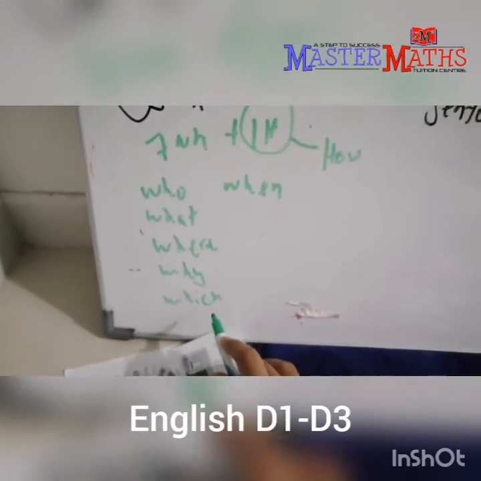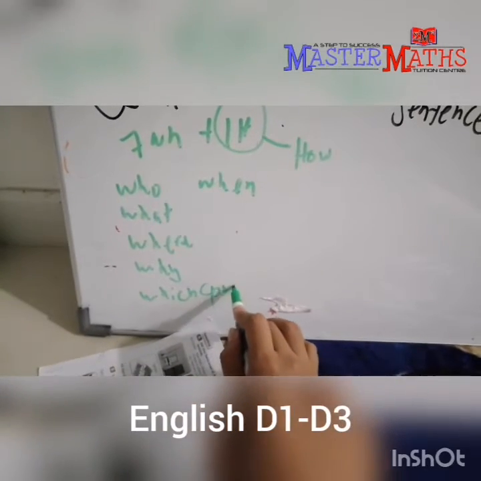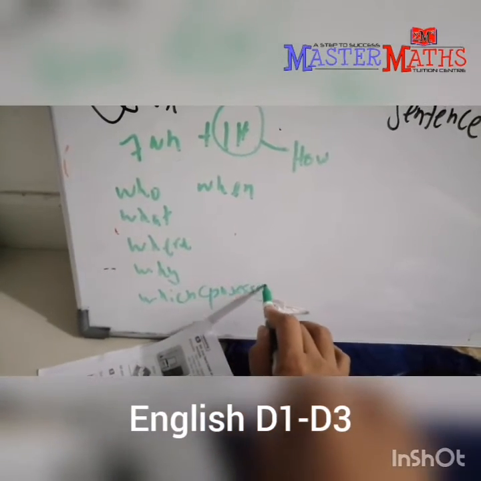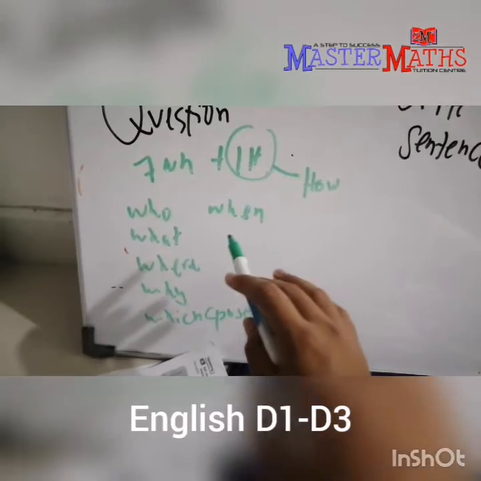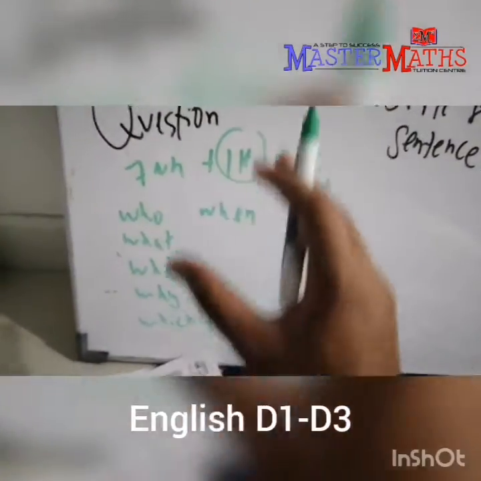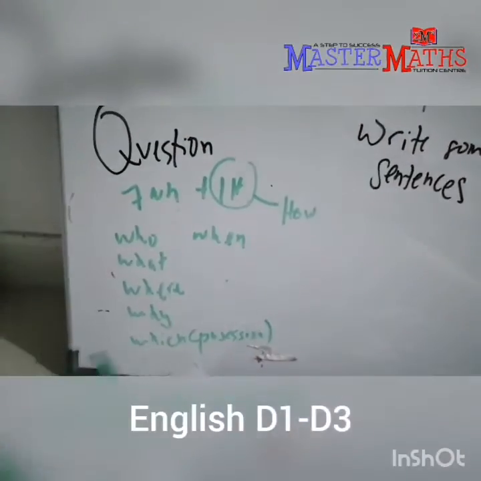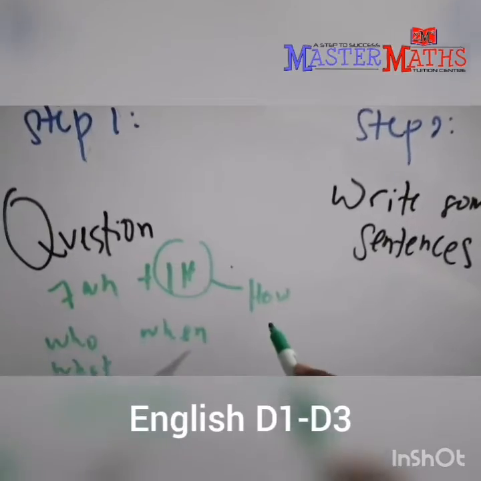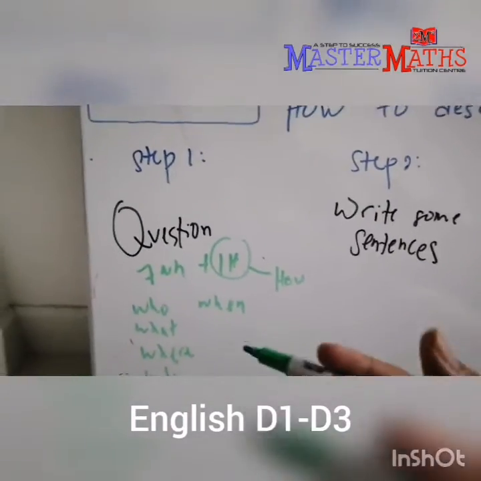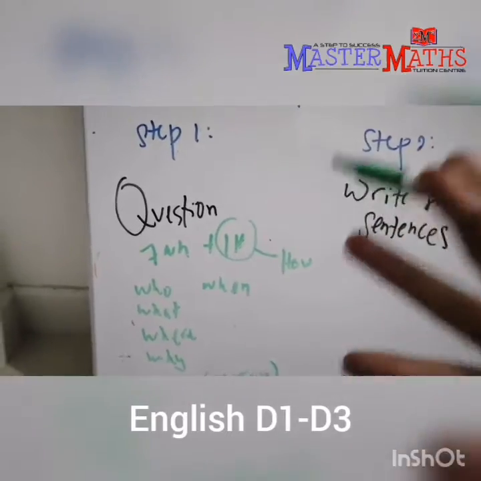Which, yang mana, ataupun we call it possession. The last WH question is when, bila. You need to create the situation in order to describe or make sentences or a paragraph. The last one is how, you need to show the process. Awak perlu tunjuk macam mana ia berlaku.